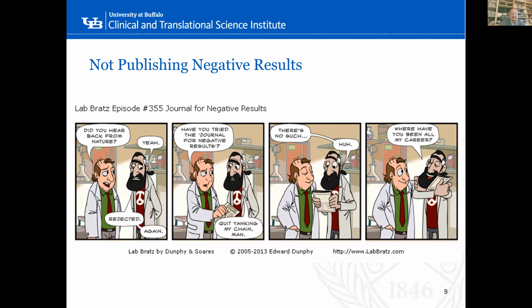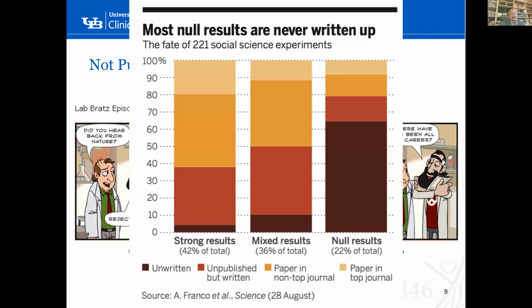Obviously, it's really important that we publish our negative results because it turns out that it informs science. It tells people what not to do and what they should not be looking for in their data. If you actually look at strong results, they're much more often published, and much more often published in high impact journals.